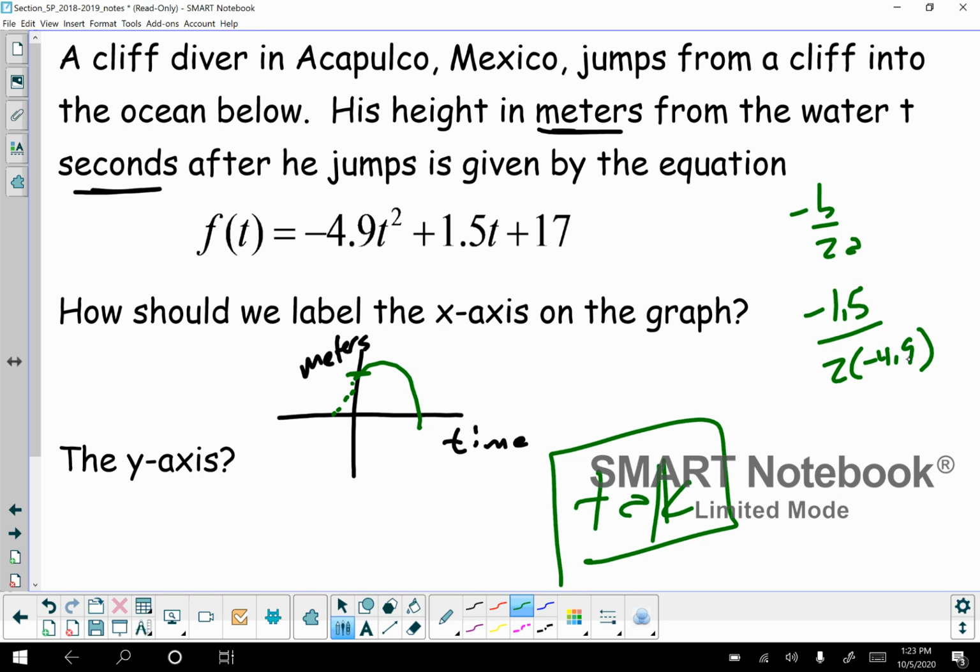So 1.5 divided by 2 times 4.9. This is giving me 0.153 seconds.